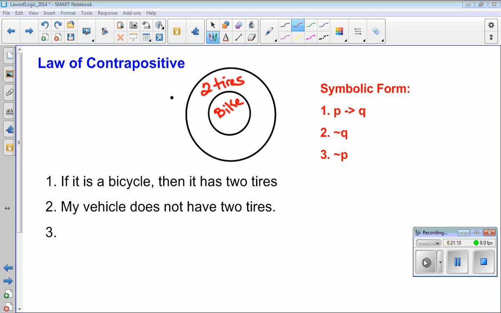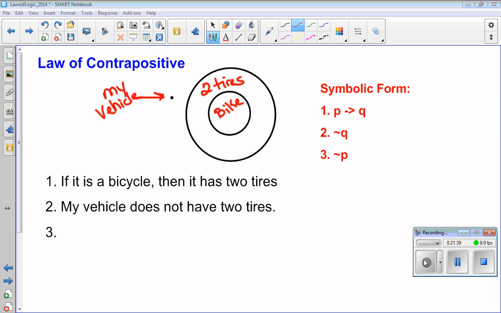All right. So if it's a bicycle, then it has 2 tires. My vehicle does not have 2 tires. So here's my little vehicle stuck out here, right? My vehicle. So it's all the way on the outside. Why does the dot have to be all the way on the outside? Why can't it be just outside a bike? Because then it would be inside something.